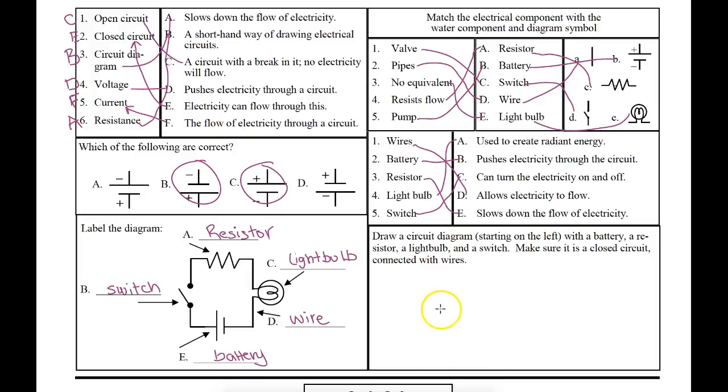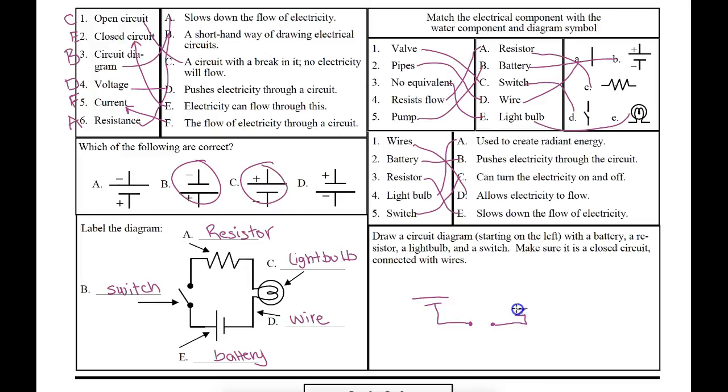So now they want us to show what we know. Make sure it's a closed circuit connected with wires. So I'm going to start the longer side there, the shorter side here. I'm going to go around and then I'm going to make a little switch. This is a little messier because I'm trying to draw this freehand.